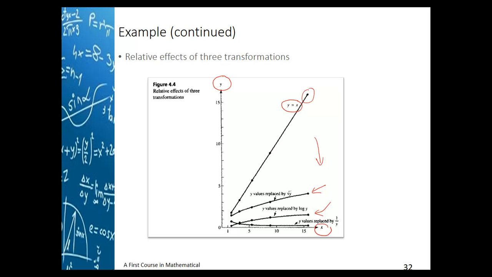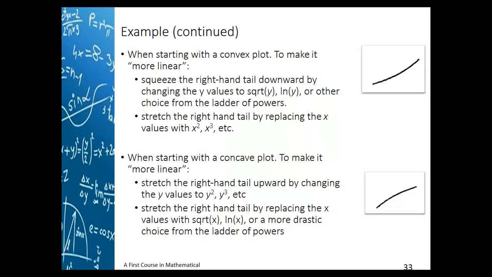So this is an example. This one is a little bit different compared to the rest. The rest have a slightly concave form, and this one is when you replace y with 1 over y. How does this help us?